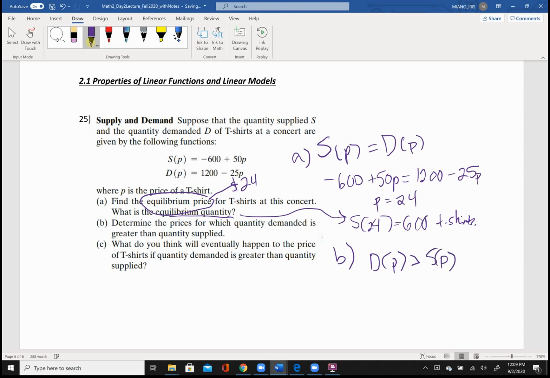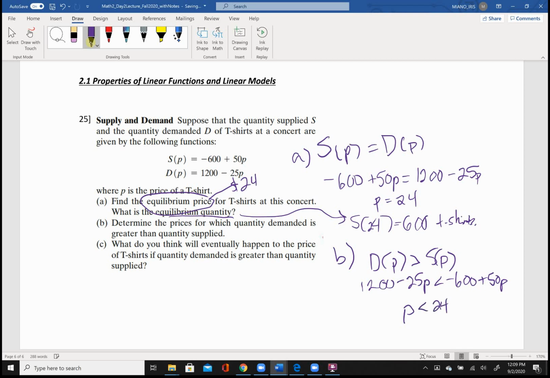So then you plug in these elements, right? That'll be 1200 minus 25p is greater than negative 600 plus 50p. So you'll solve this inequality and you'll find that p is strictly less than 24.